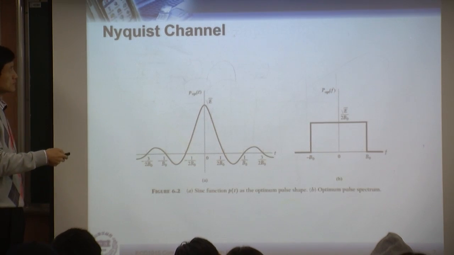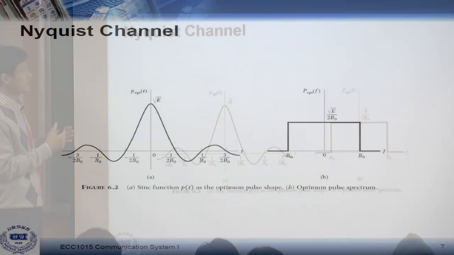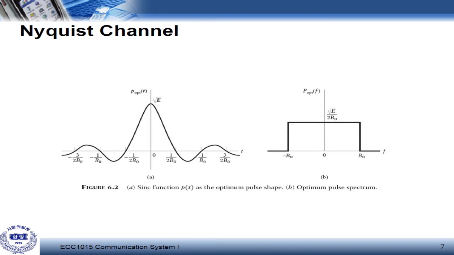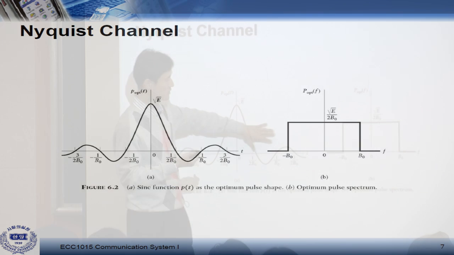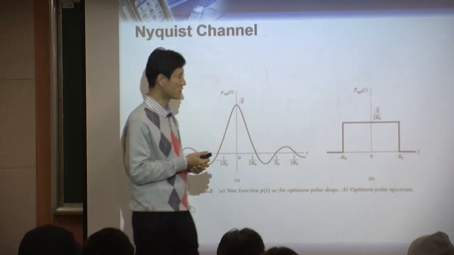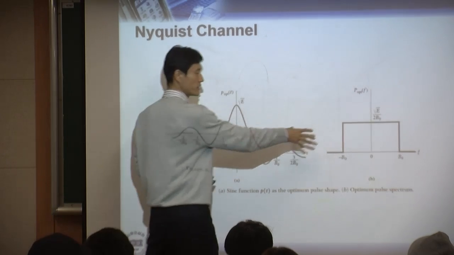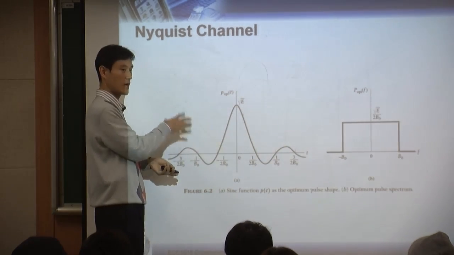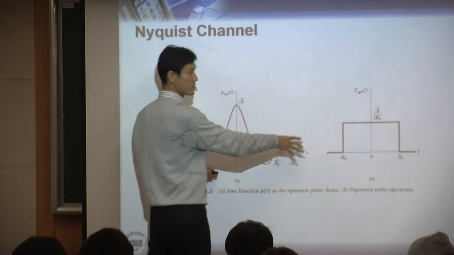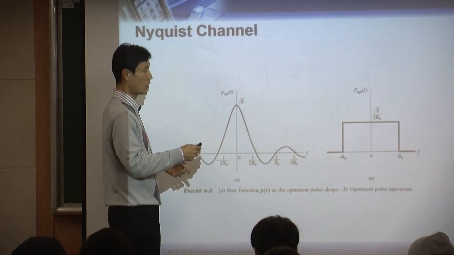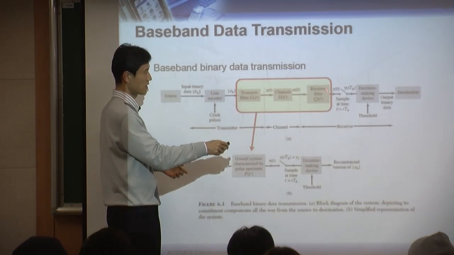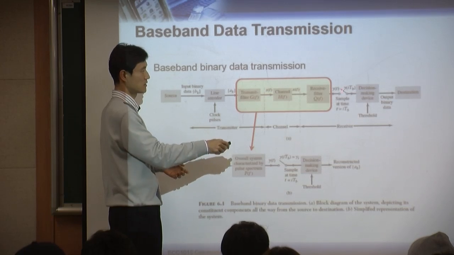Now, if we design a Nyquist channel, then what that means is this Nyquist channel will have this time domain relationship, the frequency domain transfer function. Okay? So what you see here, time and frequency, is the time domain impulse response and frequency domain transfer function of this block. We are looking at this block.